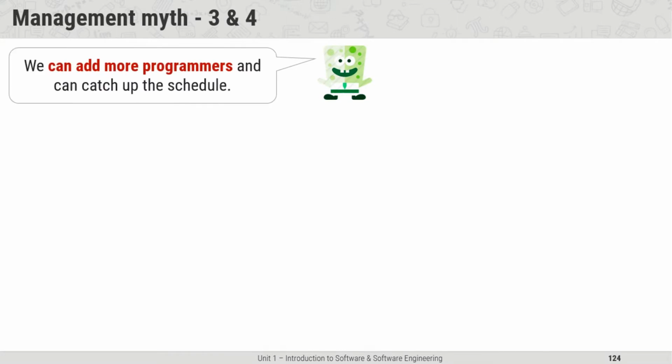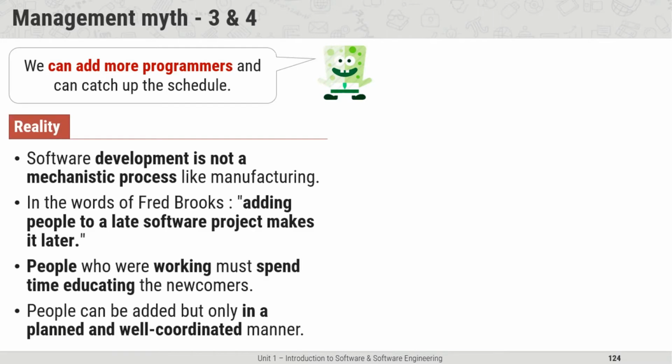The next myth is that we can add more programmers and patch up the schedule. It's not the case that you can add people and complete your whole software within time. Software development is not a mechanistic process like manufacturing.